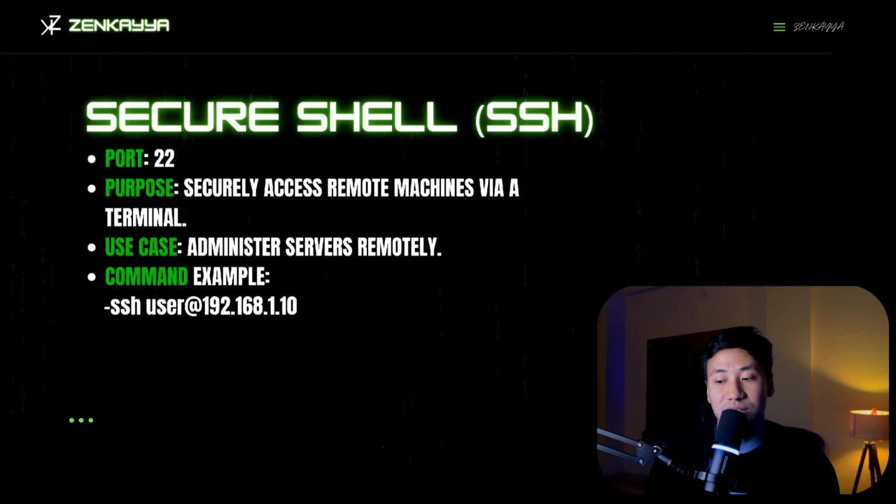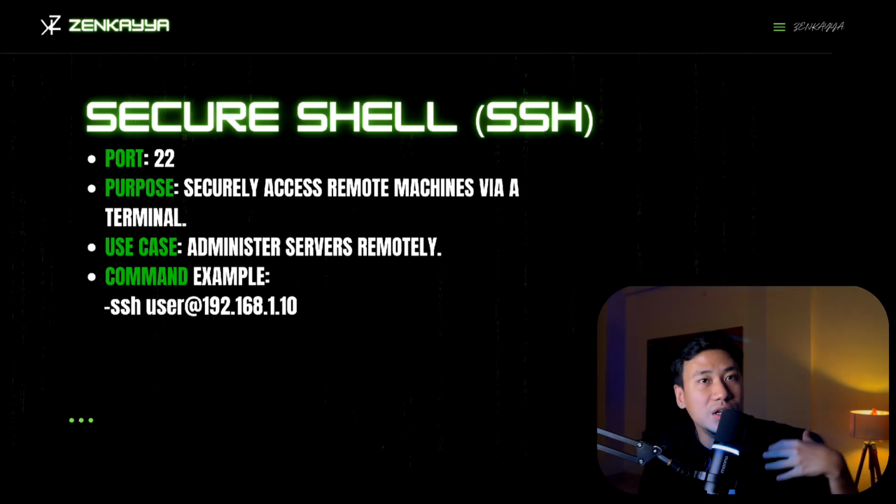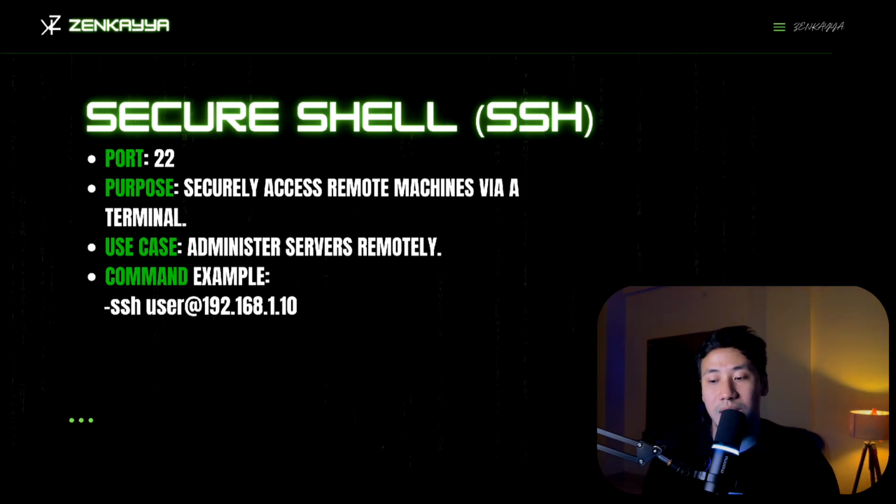Administer servers remotely. Let's imagine I want to use your device remotely, then how can I do it? Using the SSH protocol. Command example: ssh, you need to know the username. Without knowing the username, you cannot control that device remotely. Username @ the particular address, public address.